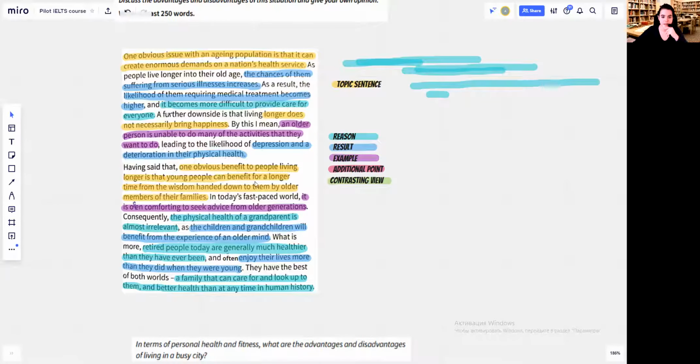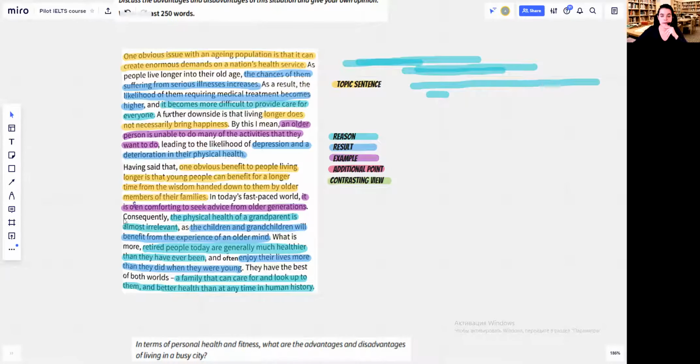Young people can benefit for a longer time from the wisdom handed down to them by older members of their families. Very good topic sentence. It is often comforting to seek advice from older generations. In my opinion, this is an example.